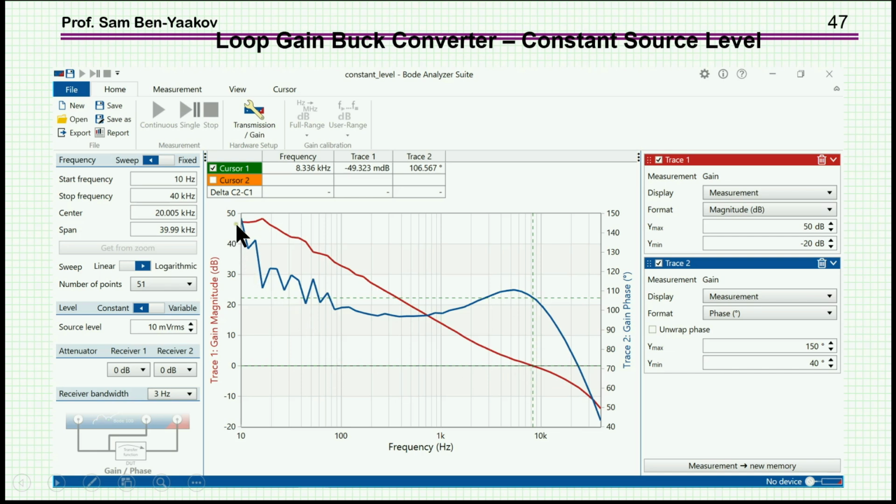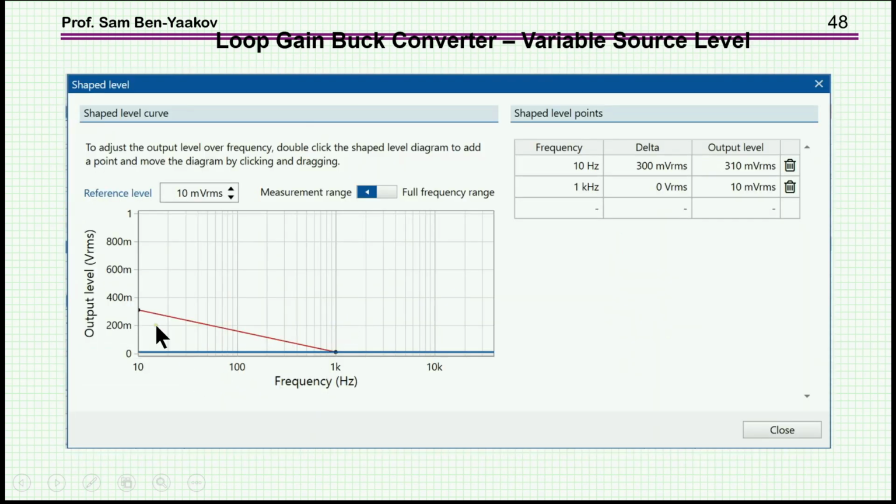And here, there's some wiggling. It has to do with the resolution and the amplitude of the signal. You can try to fix it by changing the amplitude of the signal as you run the analysis.